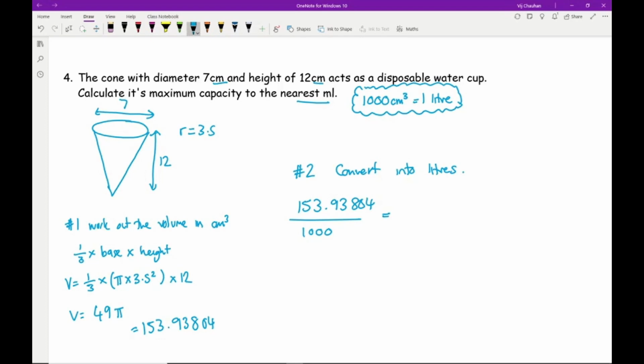Again, all it's a case of doing is just moving the decimal point over a couple of places. So in terms of the nearest millilitre, my cut-off point is going to be here. So here we're looking at 0.154 litres, or it's going to be 154 millilitres, and there is our final answer.